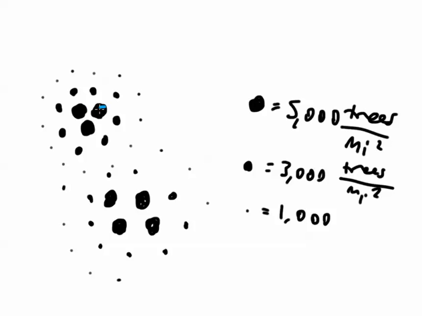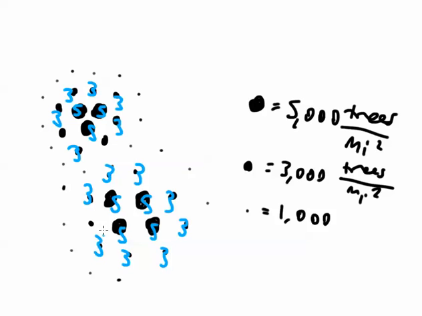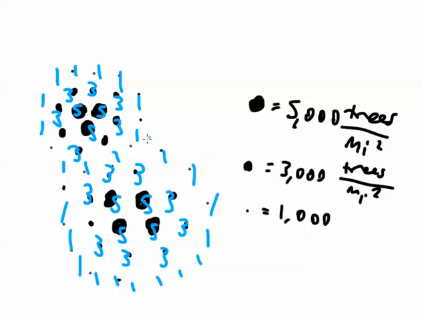So here is 5,000 trees per square mile, and 3, and 5, and 3, and all this is 1. So again, the numbers now, instead of meaning the height, mean the density of the trees. How close together and tightly spaced are the trees?